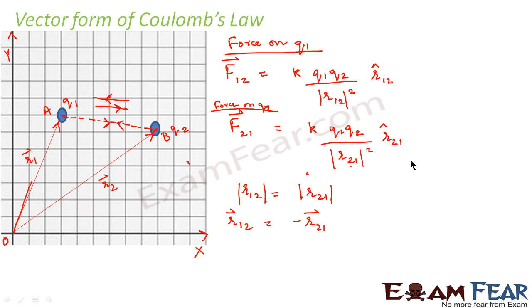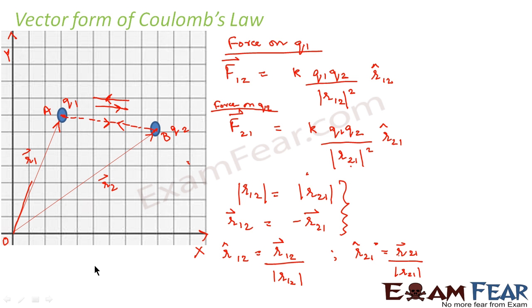Therefore, what about the unit vector? Now, unit vector R12 is equal to the vector R12 divided by the magnitude of R12. Similarly, the unit vector R21 is equal to the vector R21 divided by the magnitude of R21, right? So using these two relations, we can say that unit vector R12 and unit vector R21 are also equal in magnitude but opposite in direction.